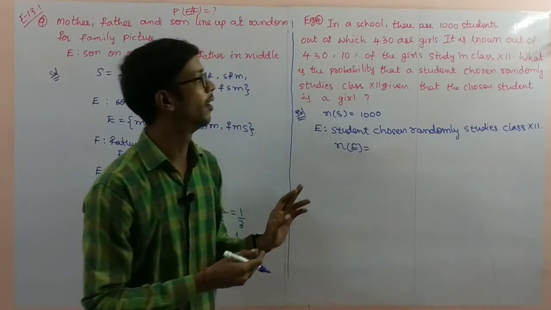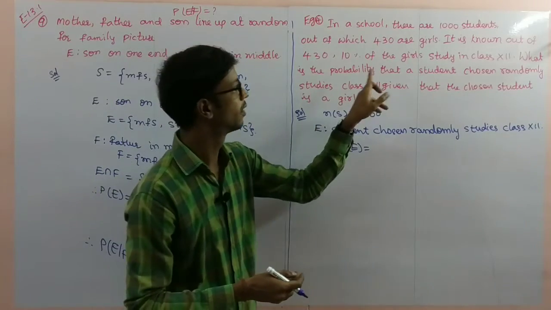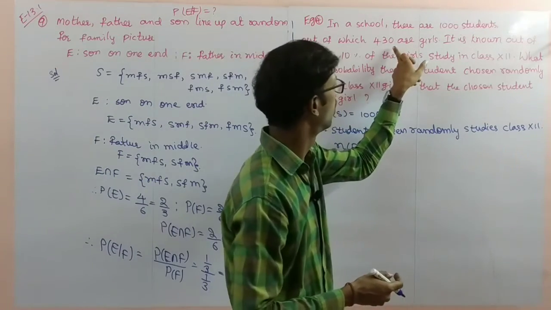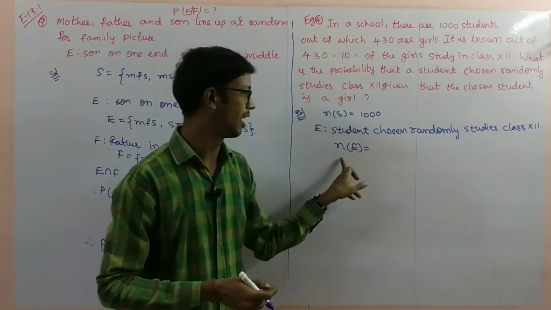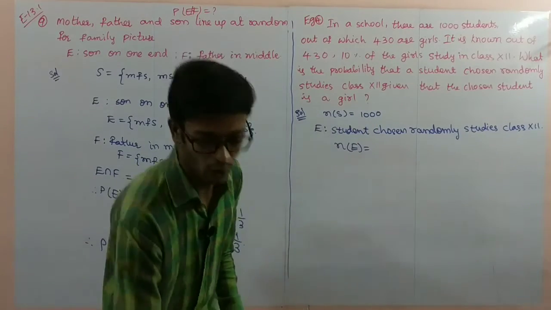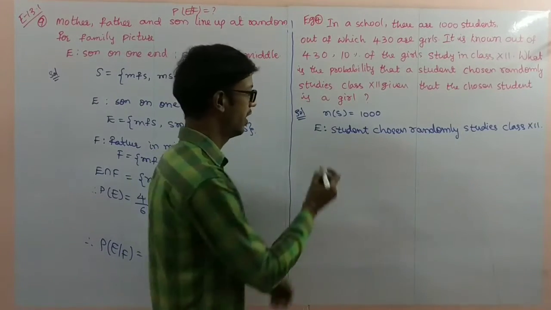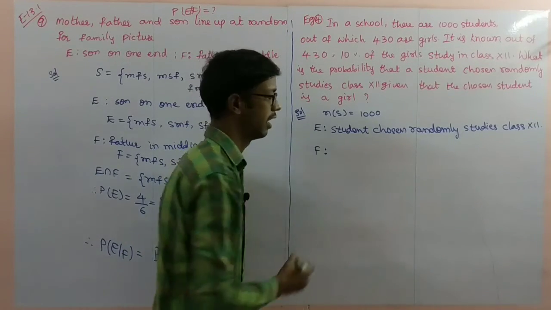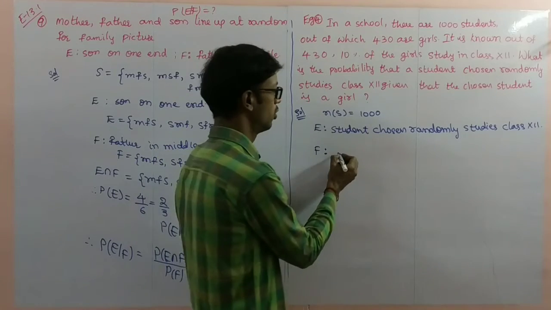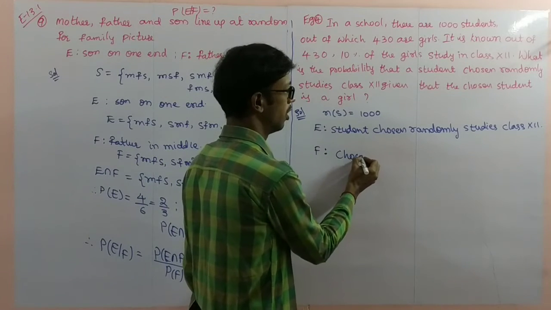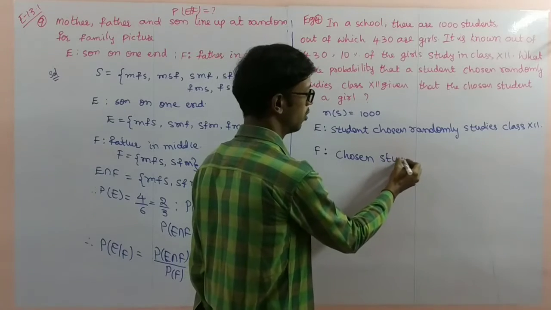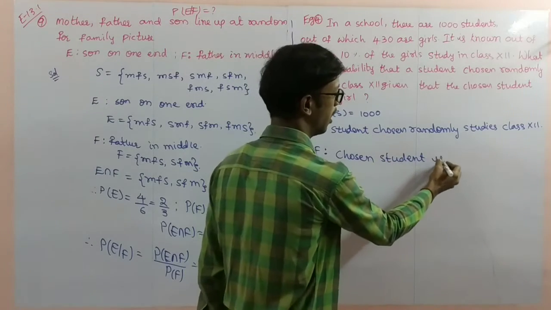Class 12 students, total 430; class 12 students we don't know here. Now you can take the next event. Event F is the chosen student is a girl.